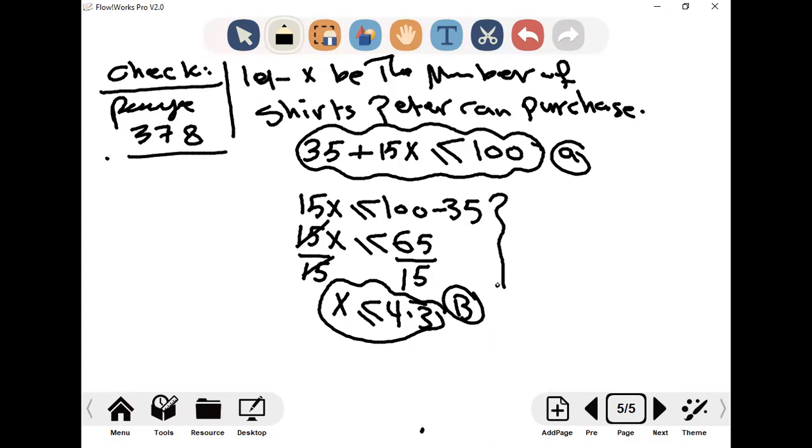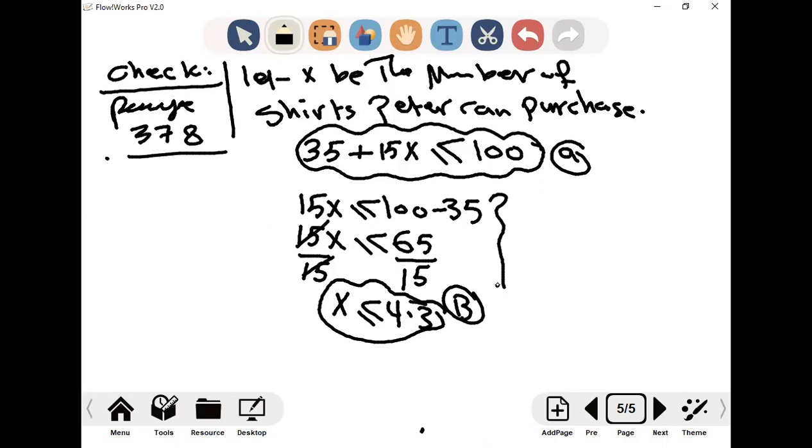Is this an acceptable answer? Can we go to the owner of the shop and tell him, give me 3 and a half t-shirts? That won't work. Now in part C we need to interpret the answer and explain it.